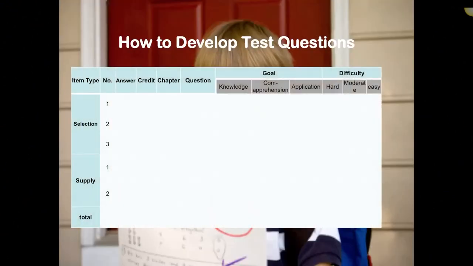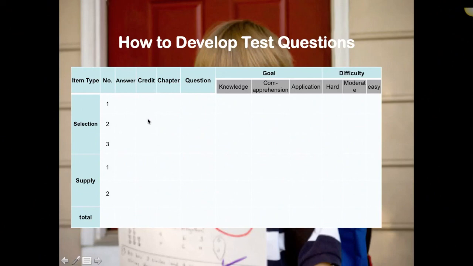Test questions. When you want to develop test questions, of course, you can have selection type or supply type questions. And also, think about what the answer is going to be, and each question's credit.